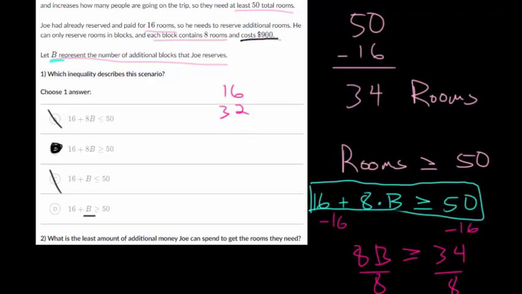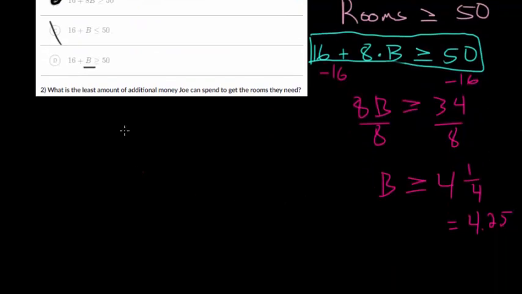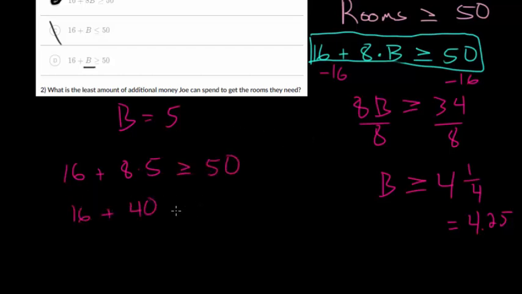So 4 blocks do not work. That means we have to go 1 up. So B would have to be 5. And we can check this, since 16 plus 8 times 5 would be bigger than or equal to 50. You get 16 plus 40, which is 56.